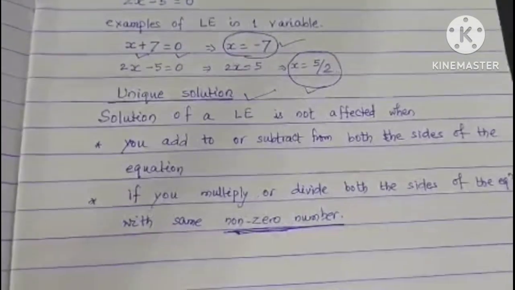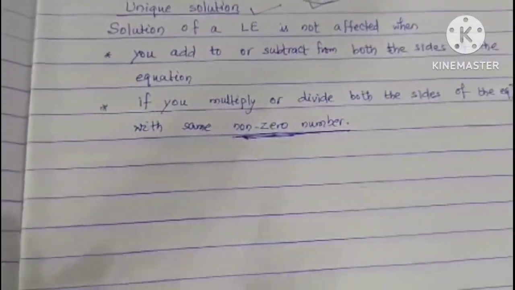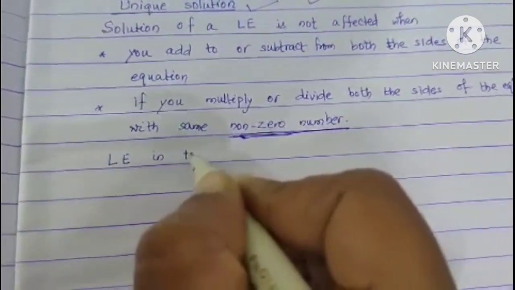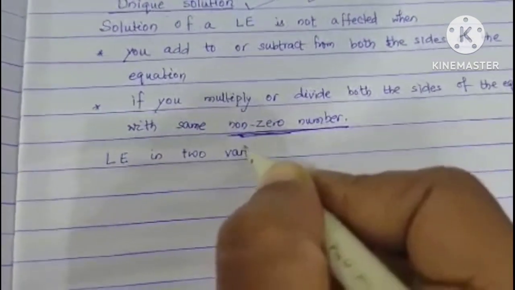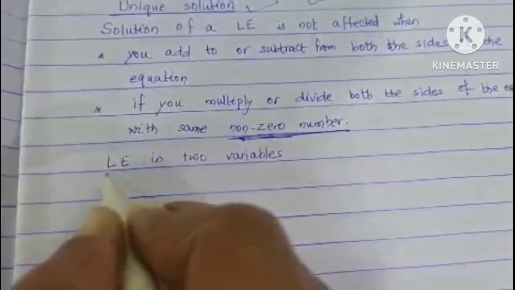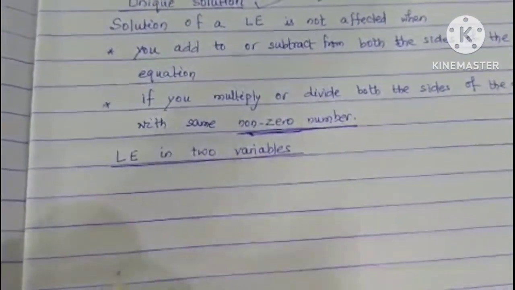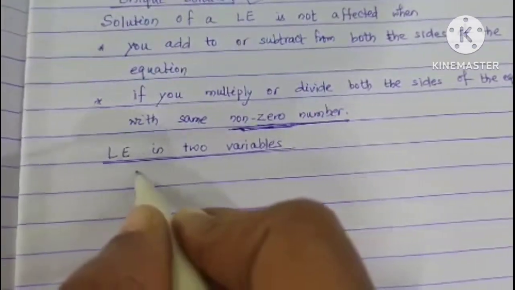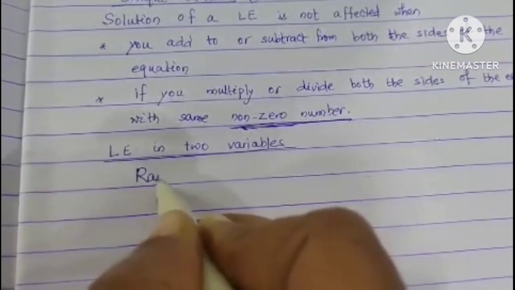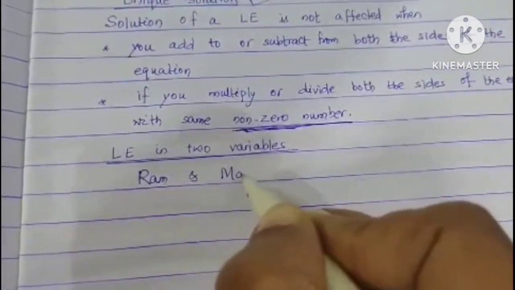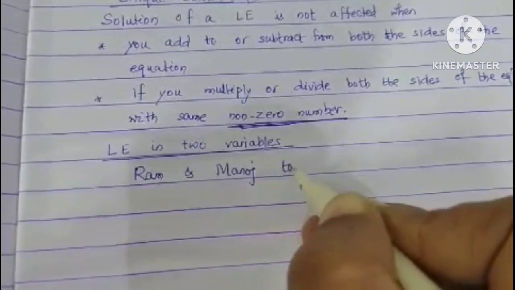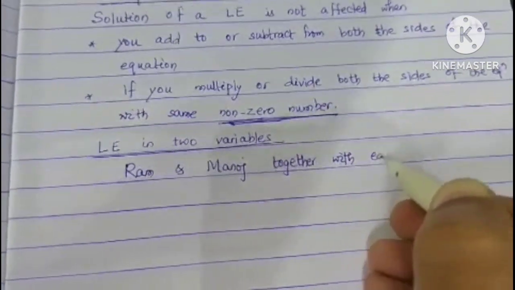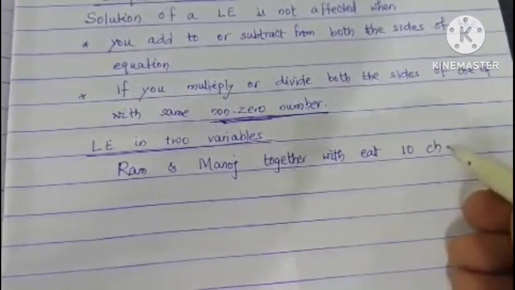Now let us understand linear equation in two variables with examples. In two variables, suppose I say that Ram and Manoj together eat 10 chapatis.